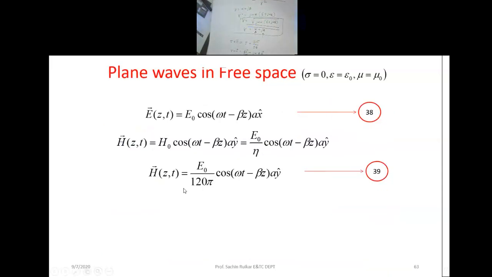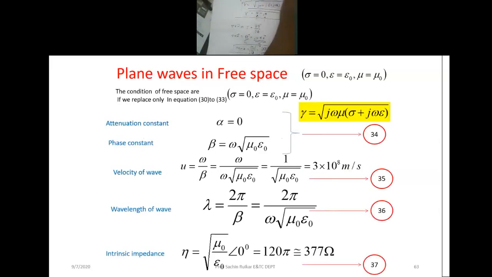Next, we can write the field equations for plane waves in free space: electric field E0 cos of omega t. Similarly, H is equal to H0 cos of omega t in the Ay direction. That H0 we can relate in terms of the electric field. This equation is simple and straightforward.